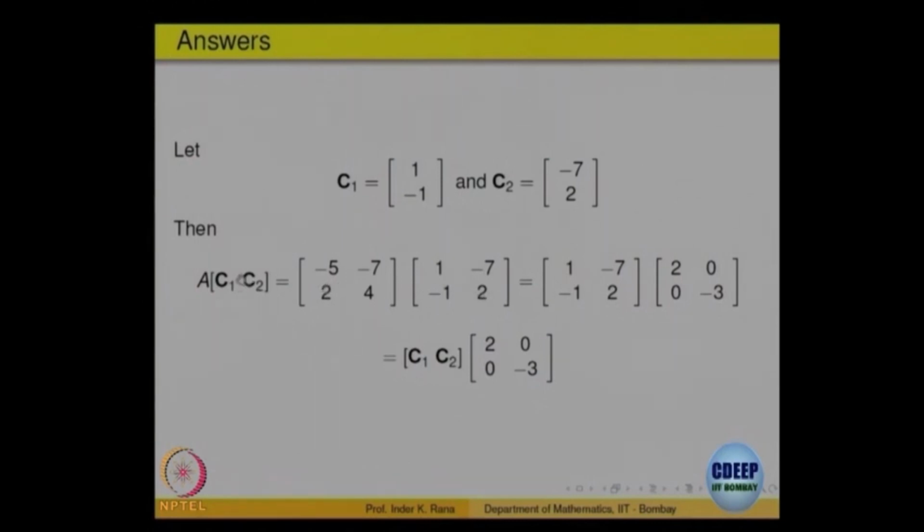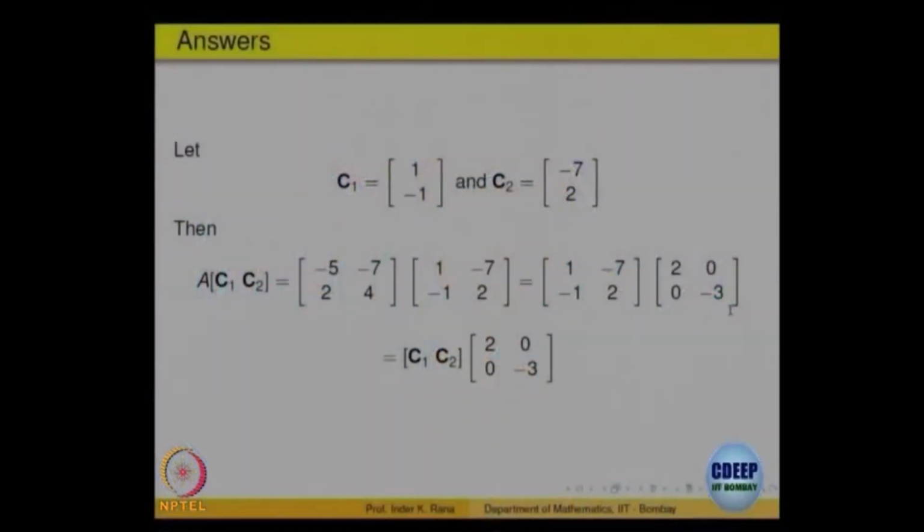AC1 is the first lambda times that vector, and the second is the second scaling of the second vector, with scalings 2 and minus 3. I can write it as a matrix multiplication, which is the matrix C1 C2 times a diagonal matrix. So, the two equations have been put together into this one equation now.